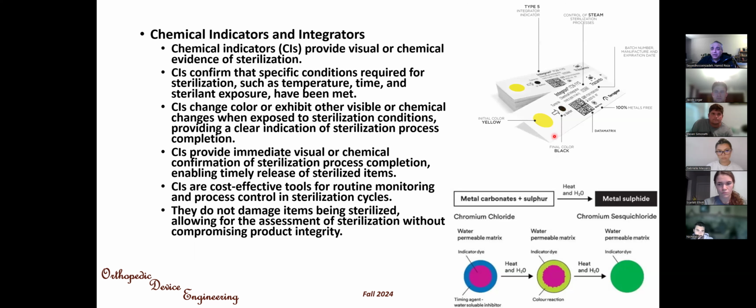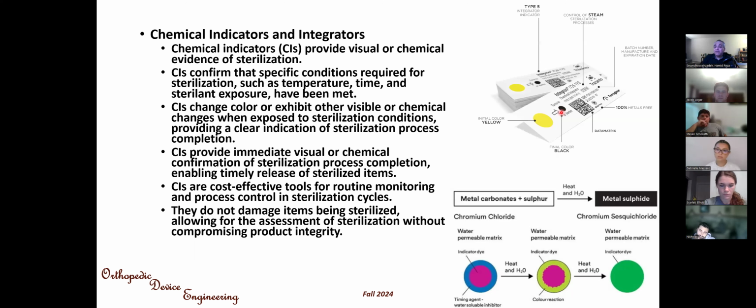When the criteria for sterilization in your autoclave has reached to what you have in mind, this change happens. If you have a chemical indicator for gamma irradiation, when the amount of gamma irradiation reaches the necessary amount, this change happens. So you are not sure that there is no bacteria, there is no virus, because these indicators don't show the number of alive viruses or bacteria, but they tell you that the process of sterilization was correct.